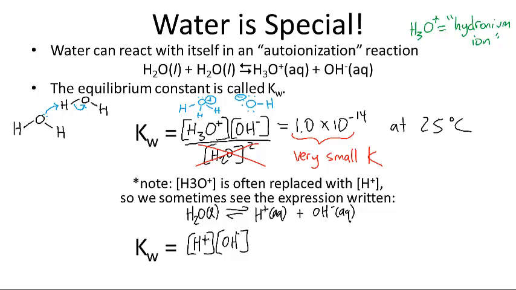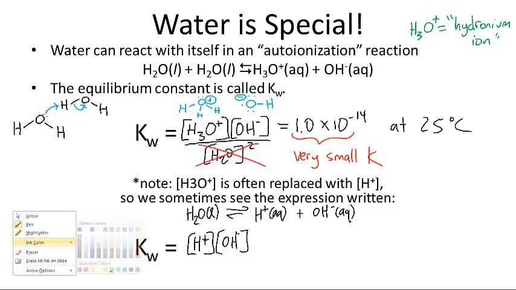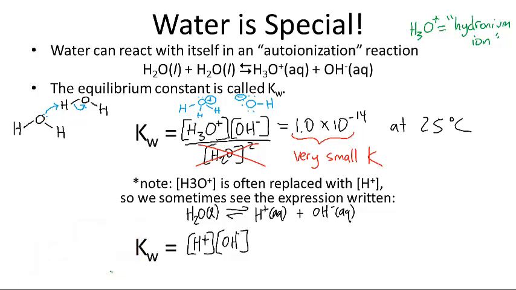Now the thing is, when we say H plus aqueous, I just want you to know that is shorthand for H3O plus. There's no such thing as just H plus on its own. H plus is a proton. It's got a positive charge.